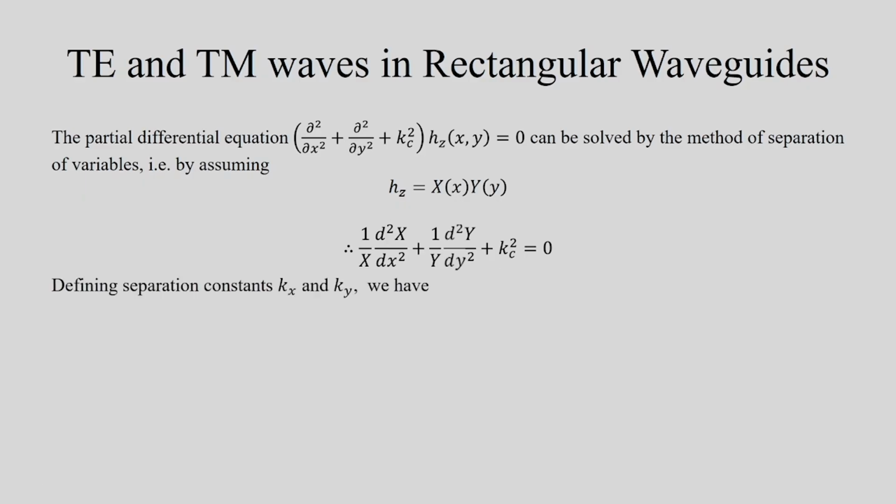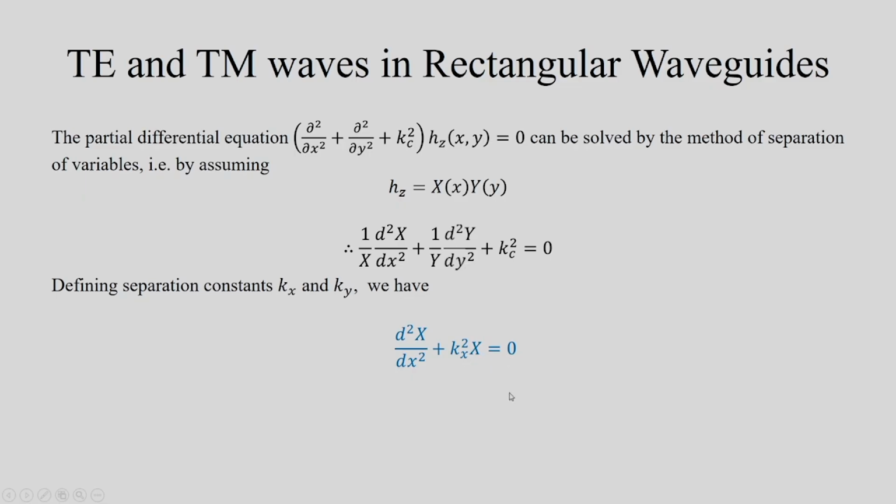Now, we define two separation constants kx and ky, and if we write 1 by X d square X by dx square plus kx square equal to 0, in that case we can write this equation in this form: d square X by dx square plus kx square X is equal to 0.